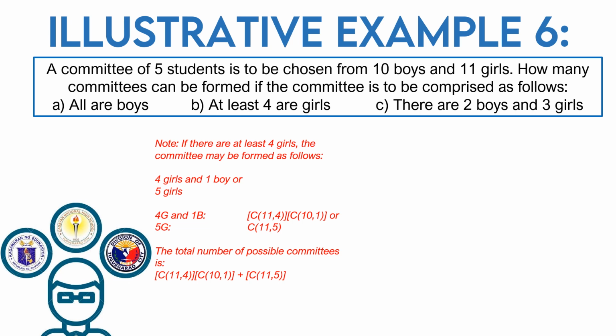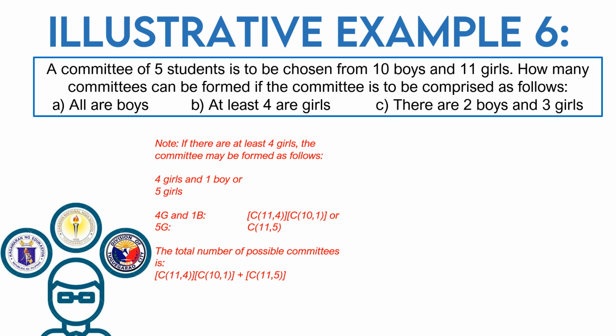The second option could be formed by all girls, okay? That's 5 girl members of the committee. So where do we take the 5 girls? Of course, they will have to be taken from the list of 11 girls. So that's combination of 11 taken 5 at a time. So what now is the total?